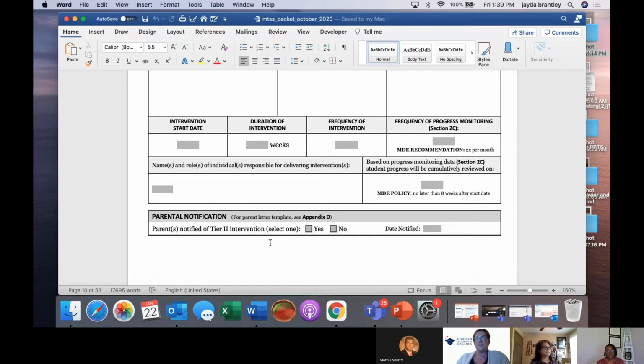So at tier 2, you may not have an official parent meeting to let them know that the student is in tier 2, but the teacher may call on the phone, or they may have correspondence in the planner, emails, but in some way we've let that parent know, hey, I see a need for supplemental instruction.